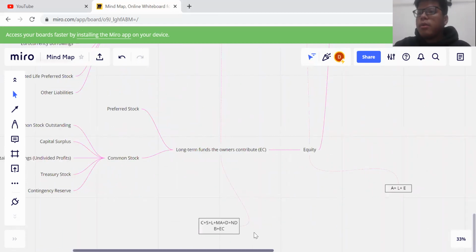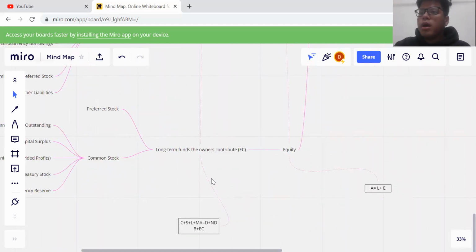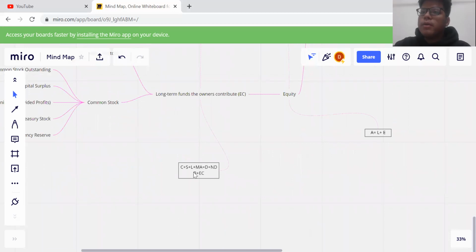And here we have the relationship: C plus S plus L plus MA equal D plus NDP plus EC.